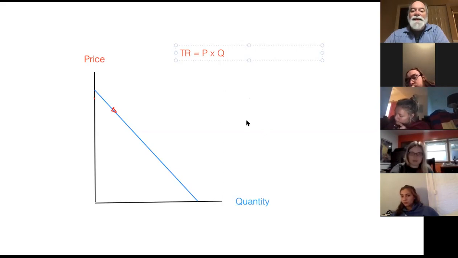The answer is it's not obvious what happens to total revenues, right? Because price is going down and quantity is going up. So just on the face of it, revenues could increase or decrease as we produce more output. It turns out that both things happen, okay?